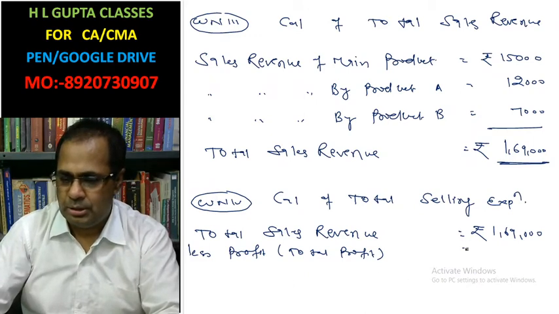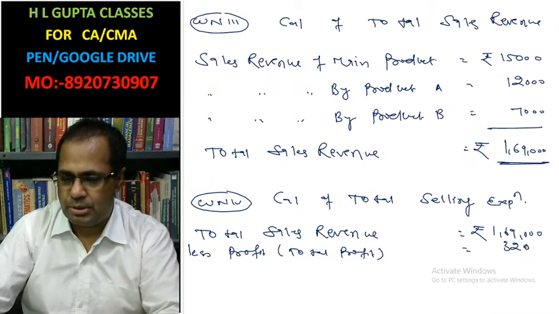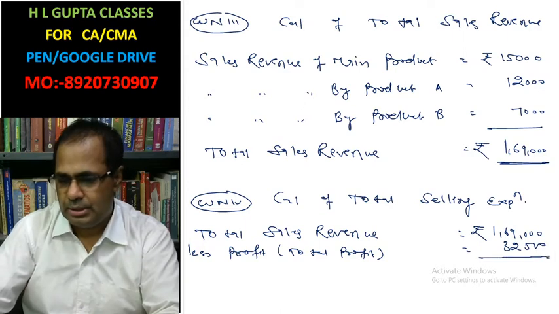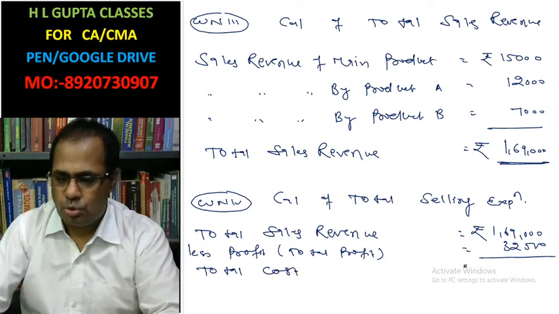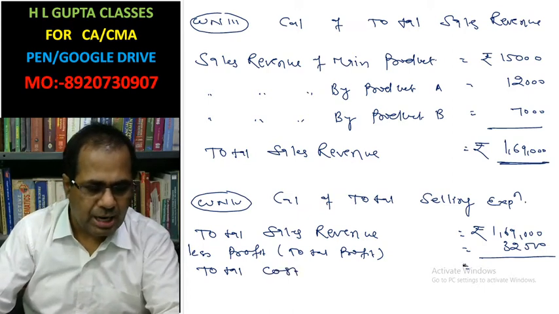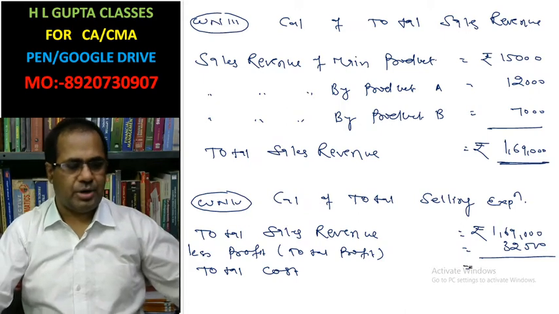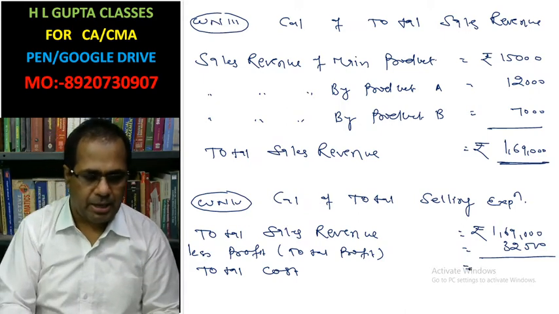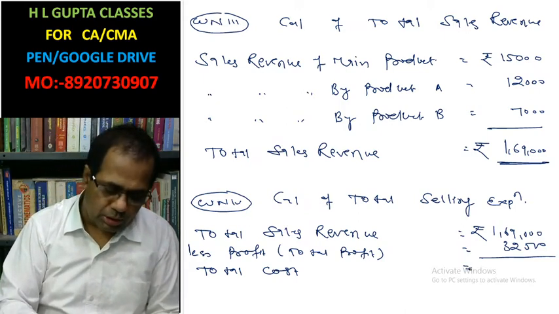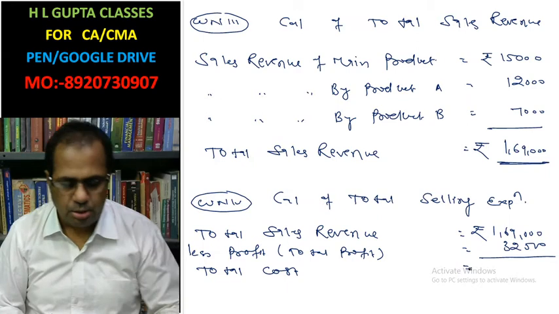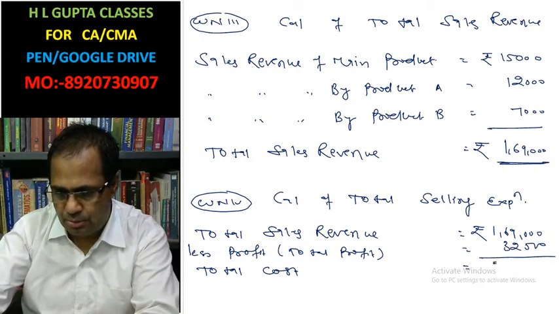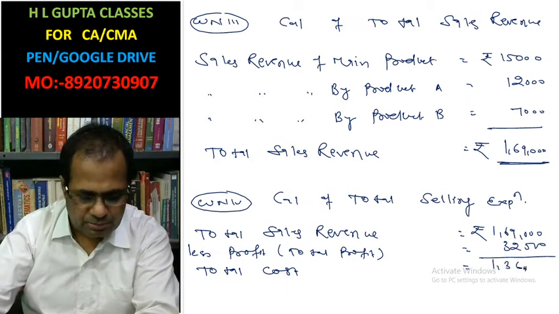Total cost, what will be after subtracting this 32,500? You will have total cost 1,69,000 minus 32,500, that is 1,36,500.